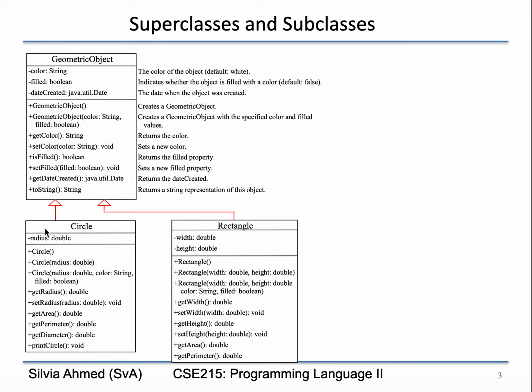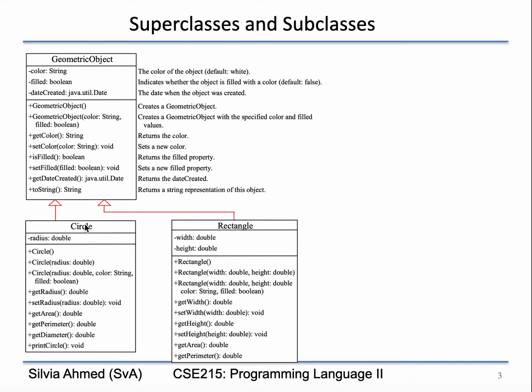Circle has only the radius field and the corresponding methods, and rectangle has only the width and height and the corresponding methods. The common coding, data fields, and methods are no longer here, but we want to have the common things coming into our circle and rectangle classes.